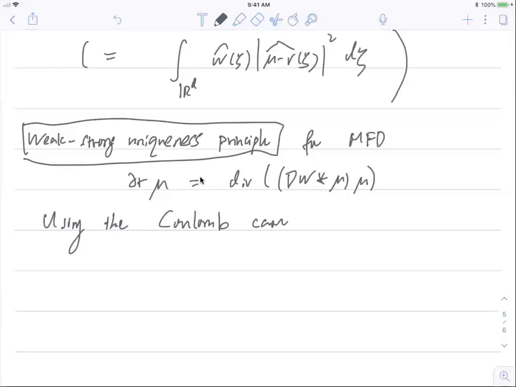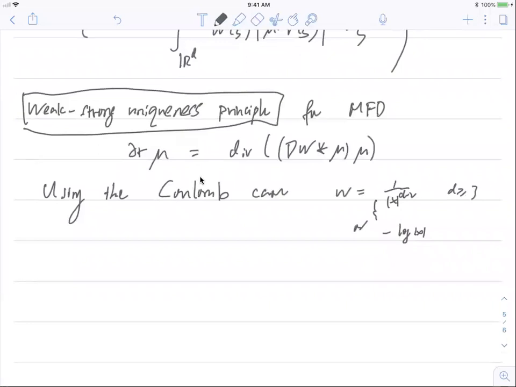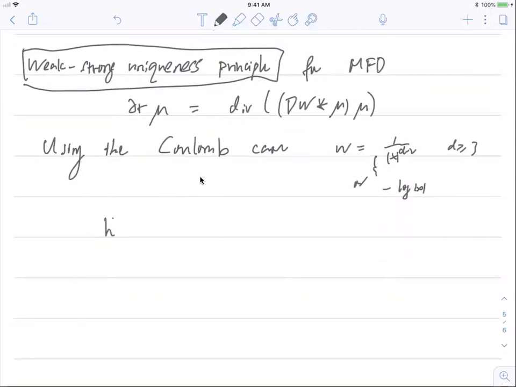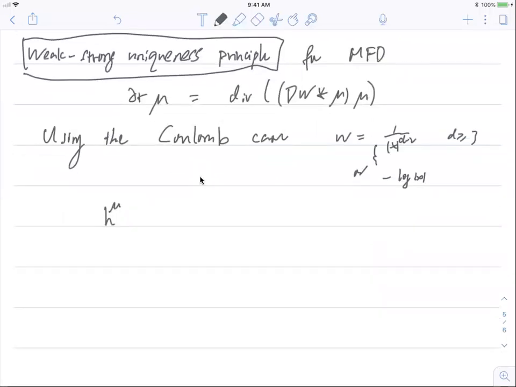So in this case, omega is the Coulomb kernel, the Poisson kernel, which is x to the minus d plus 2 for d bigger than or equal to 3, or in dimension 2 it's minus log x. So in this case, omega is a fundamental solution to the Laplace equation. So in particular, we write H mu as the potential generated by the distribution mu.